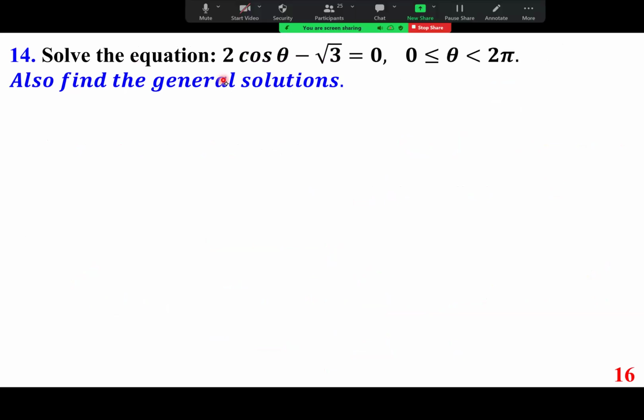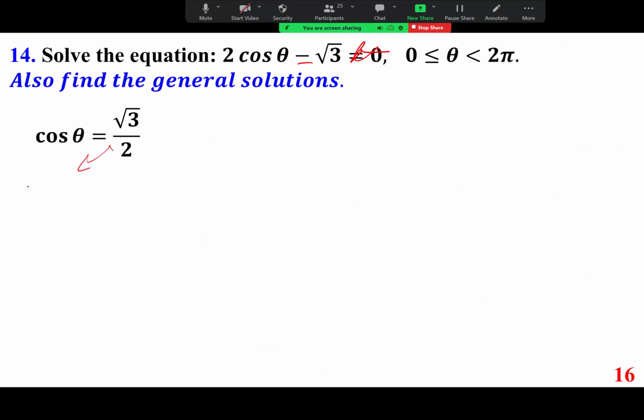Solve the equation 2 cosine theta minus square root of 3 equal to 0 from 0 to 2 pi. Also find the general solution. Well, that means this is equal to square root of 3 divided by 2. That's the meaning of it. And cosine theta is square root of 3 over 2.